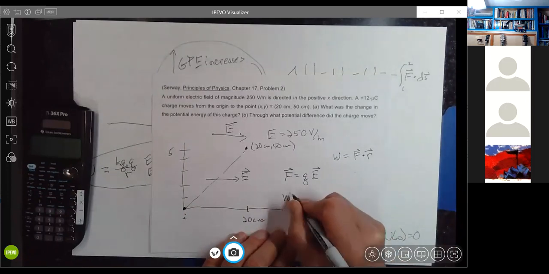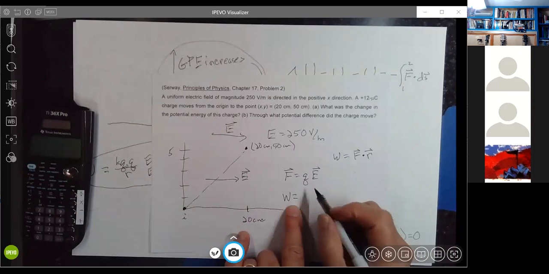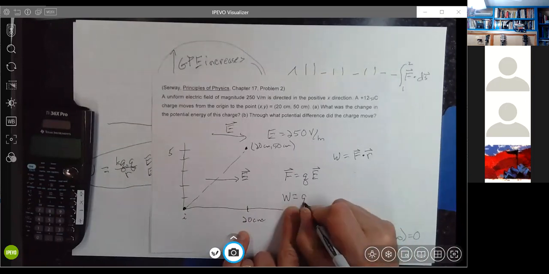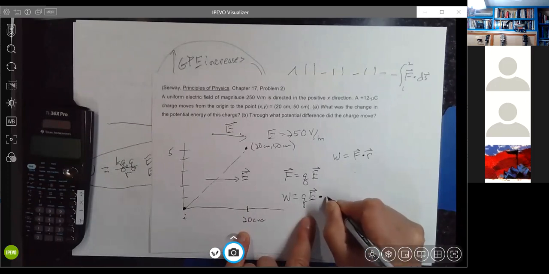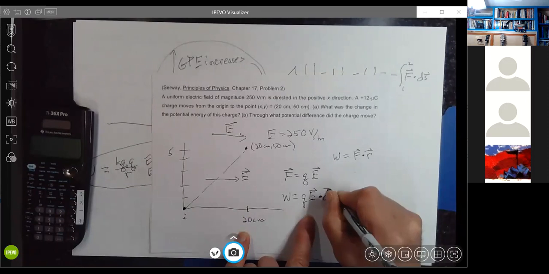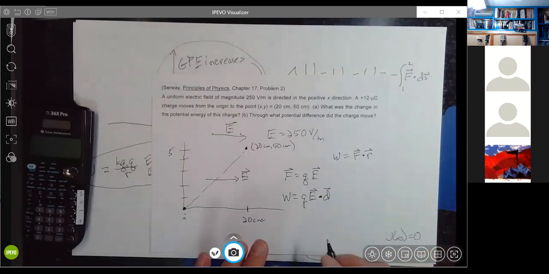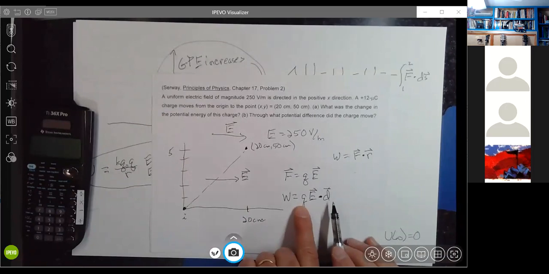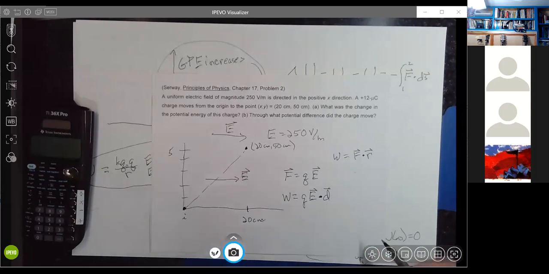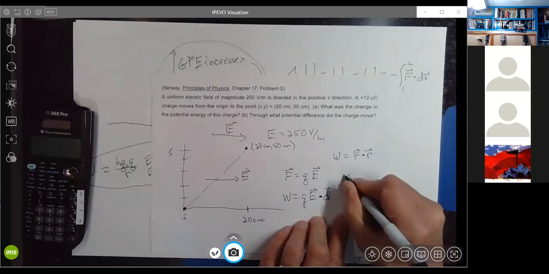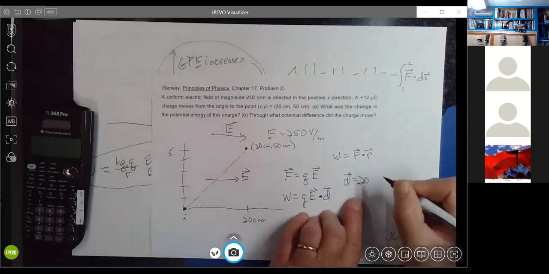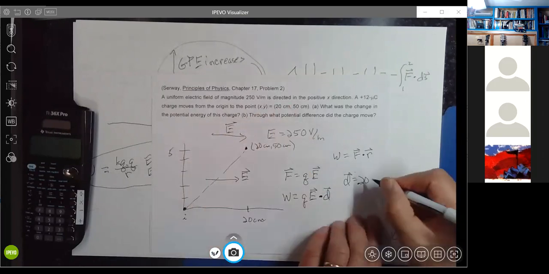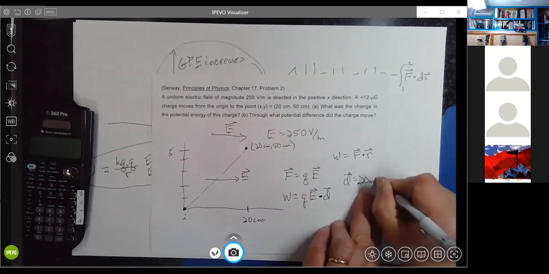The work that's done by the force in this case is going to be qE dot the displacement, which I'll just call d for the displacement. And the work that's done by this force is the negative of the change in potential energy. That's the way that it works. And d in this case is going to be 0.20 meters. I'm assuming that we can keep 2 sig figs on this. Meters in the i hat direction.